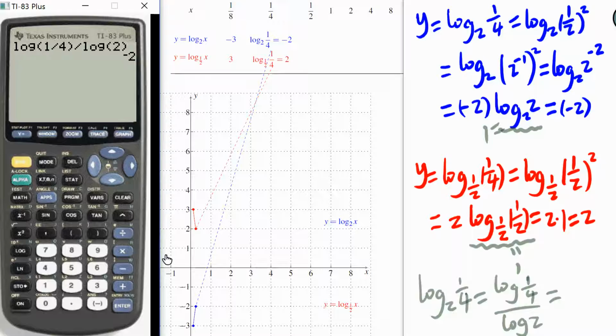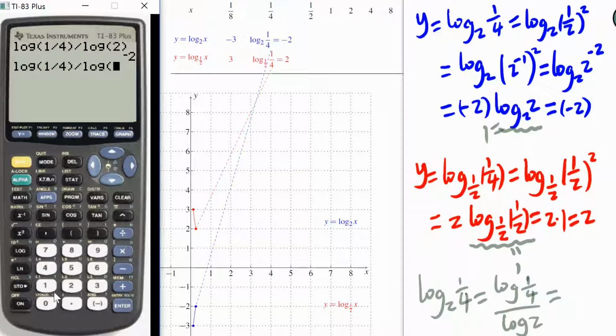Now let's calculate another one. Log is still 1 divided by 4, and then divided by log, and here the base is 1/2.